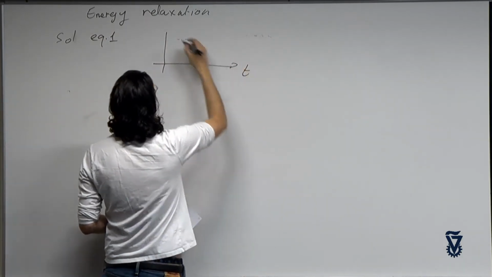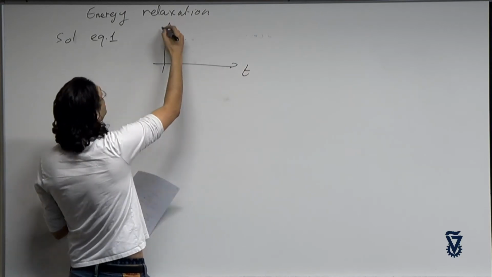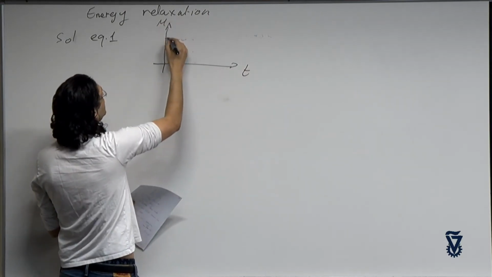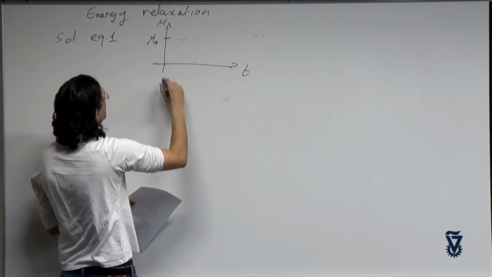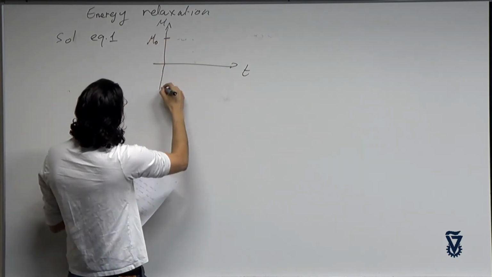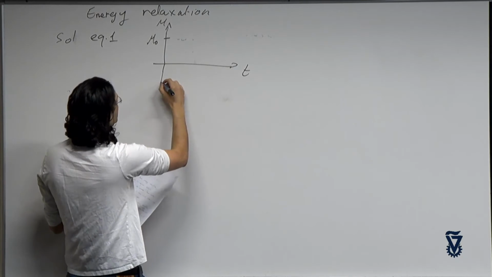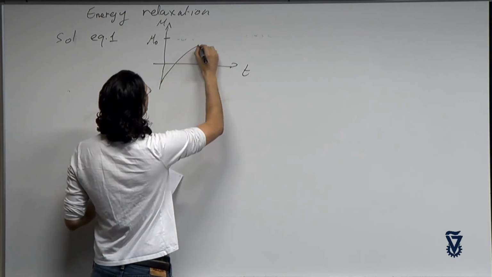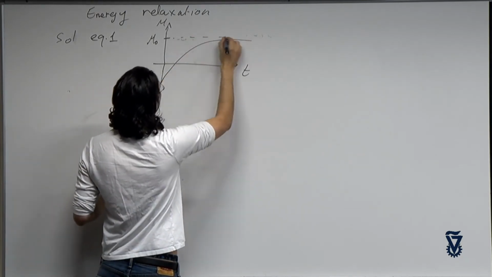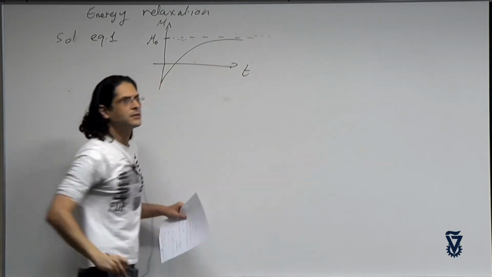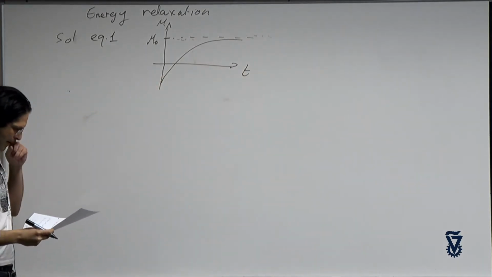If you look at the magnetization as a function of t, this is M naught. Suppose that you start at t naught with some magnetization, you will exponentially decay towards some M naught.